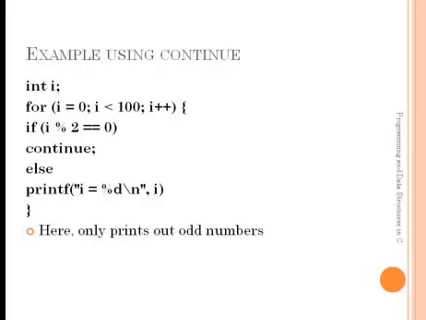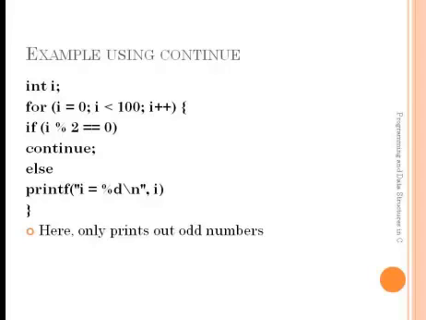The for loop statements are: if I modulus 2 equals to 0, whenever this condition is true, it simply continues. That means the following statements under this continue statement are skipped. Whenever I is equal to 0, this condition is true, so the following statements are skipped and it will continue with the next iteration, that is I equals to 1.